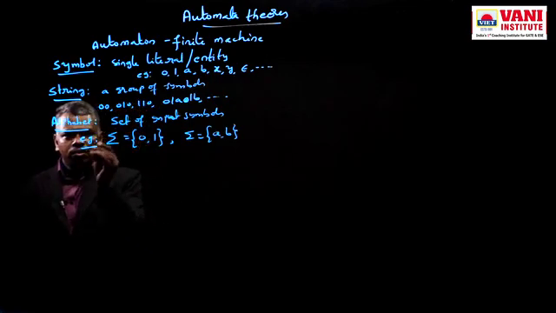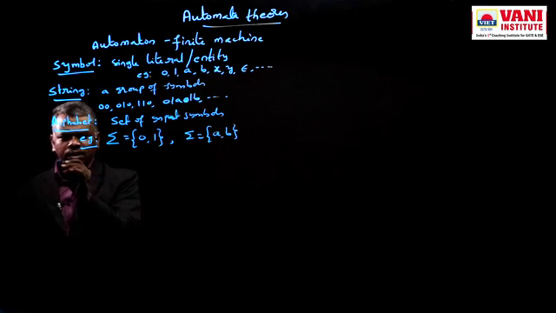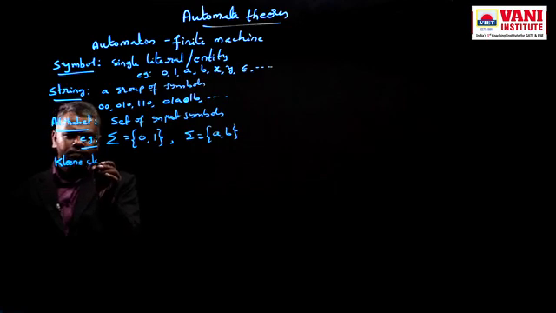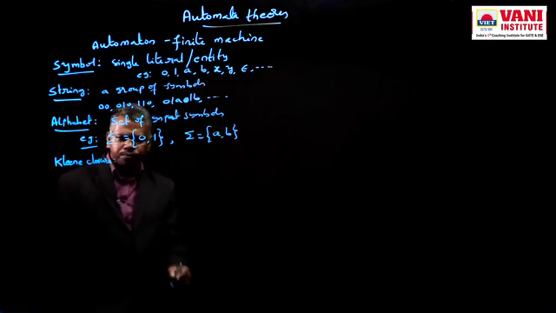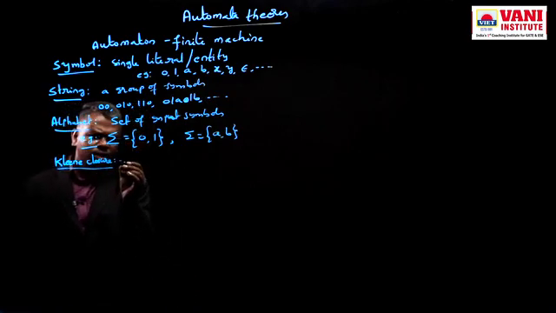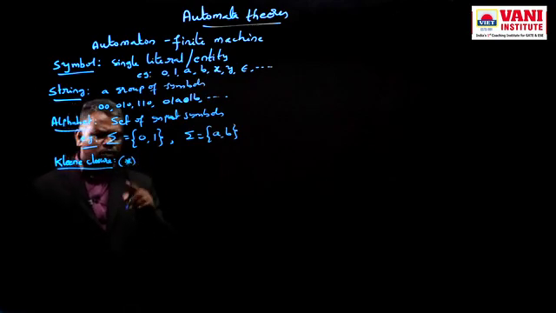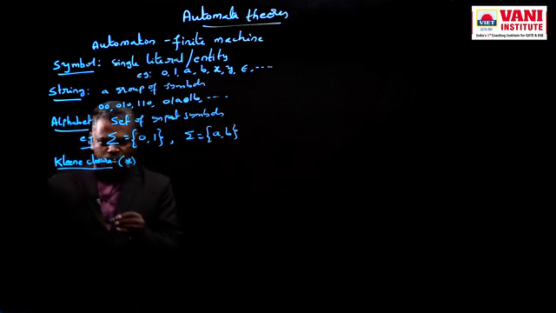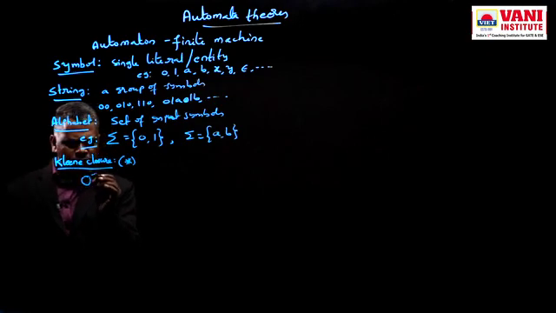The next one to define in this fundamental terminology is the closure: what do you mean by a Kleene closure, and the closure of a given symbol. Normally we represent a Kleene closure with a star as a superscript over any symbol. Suppose I say 0 star.